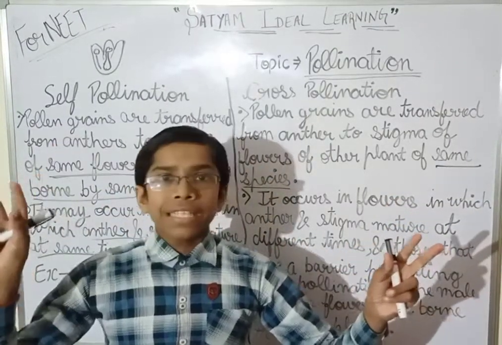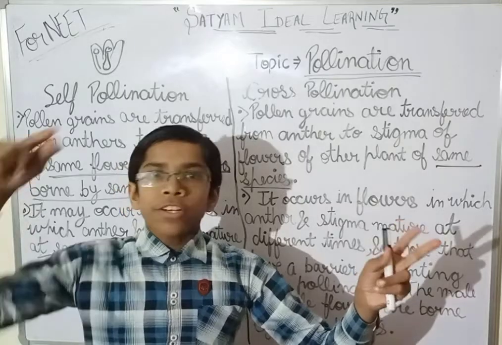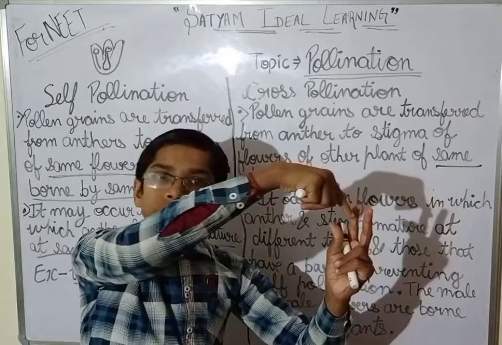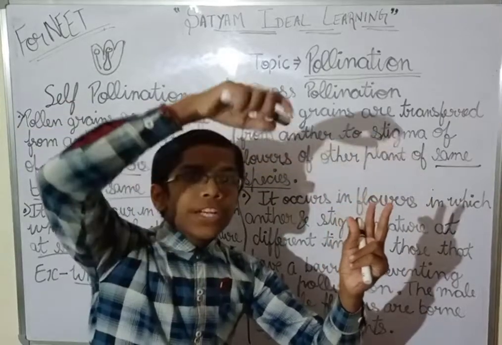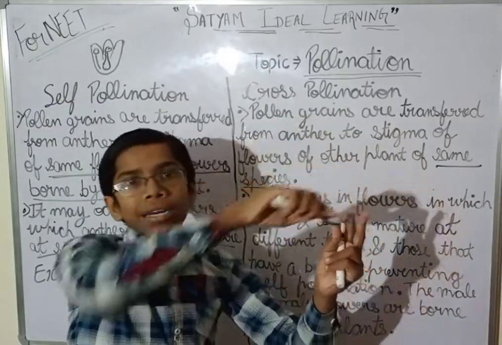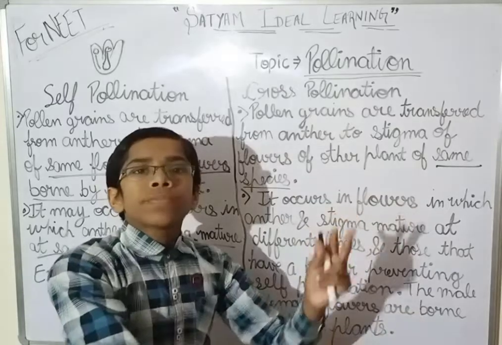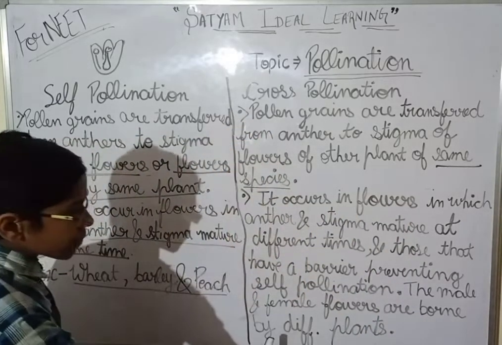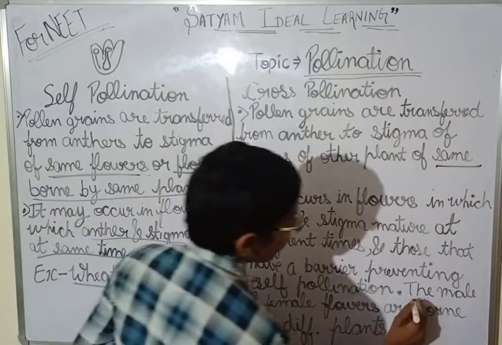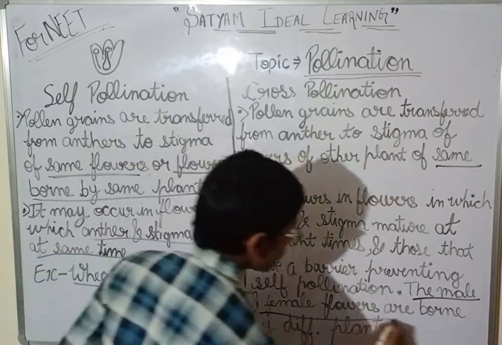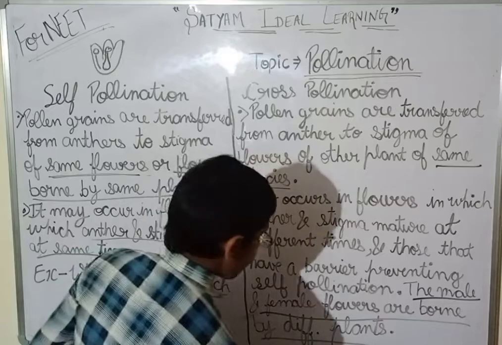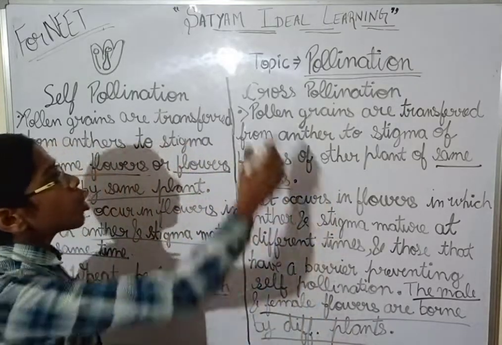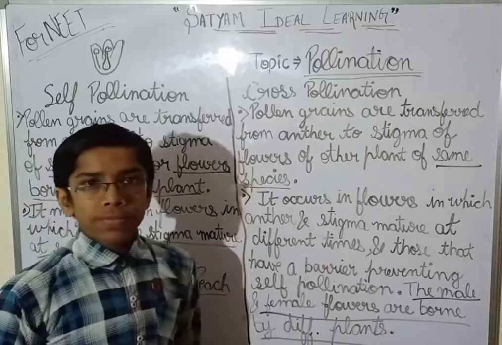If the male releases pollen grains, they will float in the air and come to the stigma, and then go inside the stigma. This way cross-pollination occurs. And the last point I have to mark out: when the male and female flowers are borne by different plants, cross-pollination also occurs.